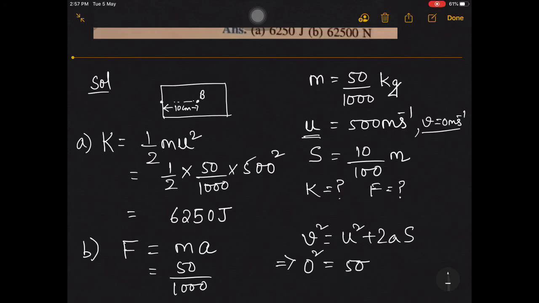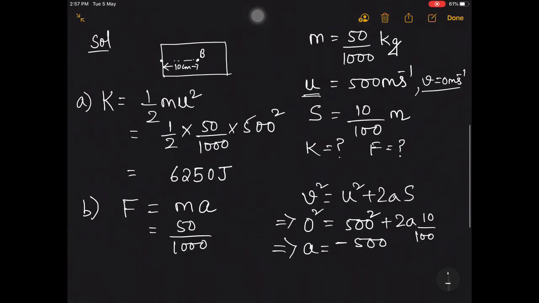Initial velocity is 500, u square, so 500 square plus 2as. How much is the displacement? Yes, it is 10 by 100. So if you do this calculation, your a will come out to be negative. That's quite obvious because there is retardation, that is why you are getting it negative. So let's do this calculation. 500 square divided by 2 into 0.1.